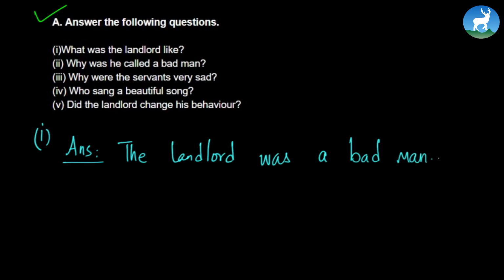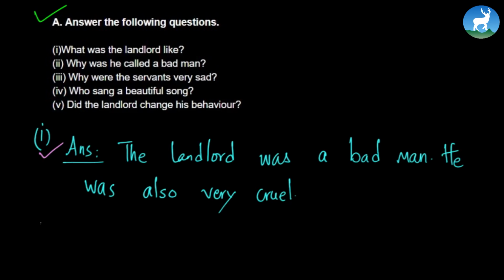You can also add, he was also very cruel. We can also write he never smiled, he never laughed, never danced, but those are optional. So this is the basic answer: the landlord was a bad man. He was also very cruel.